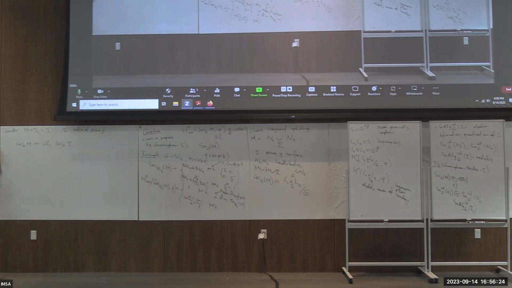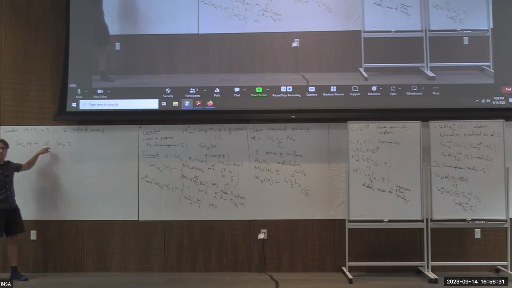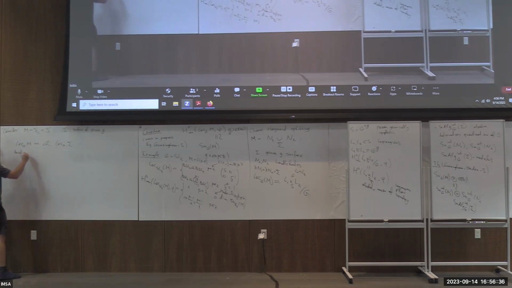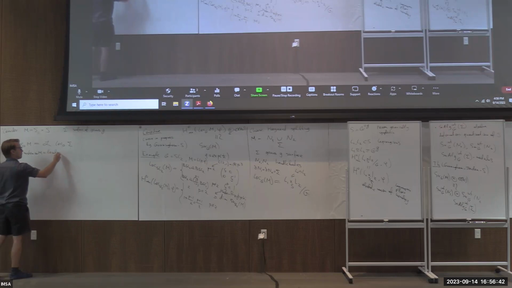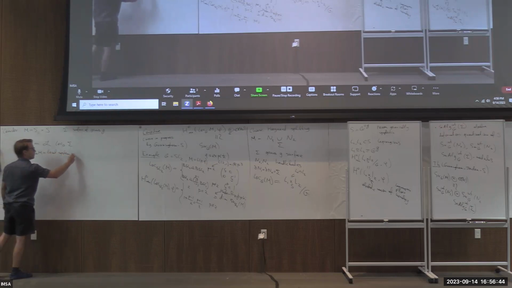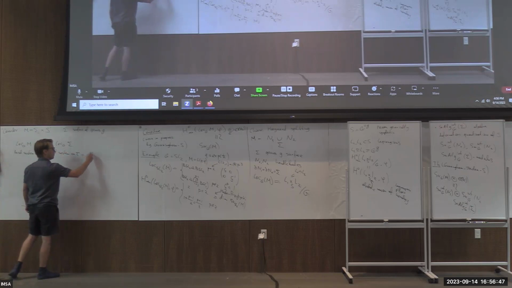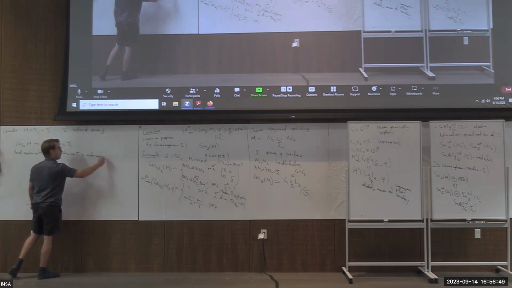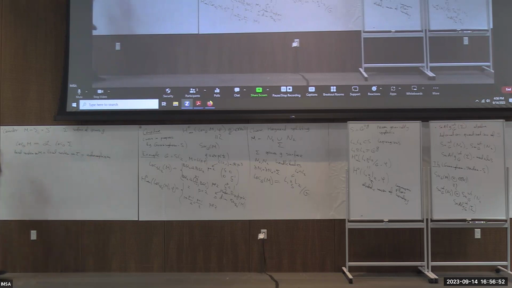So if you think what is a local system on a 3-manifold M, which is the product of sigma times S^1, well, it's a local system on sigma plus an automorphism. Well, okay, so this is something you can do.